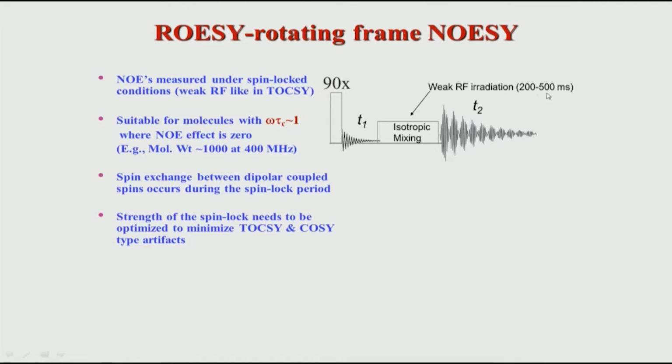In a TOCSY we use typically around 60 to 80 milliseconds, and this is about 3-4 times longer, it can go all the way up to 500 milliseconds. That is the difference, but the pulse program looks exactly the same.